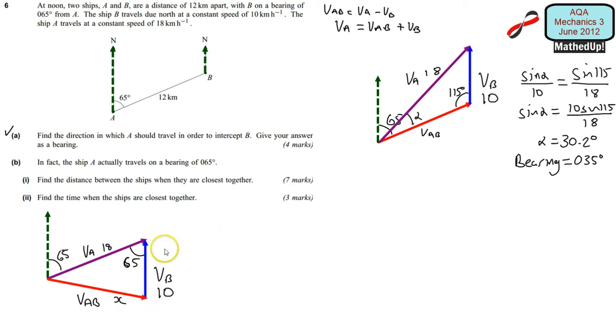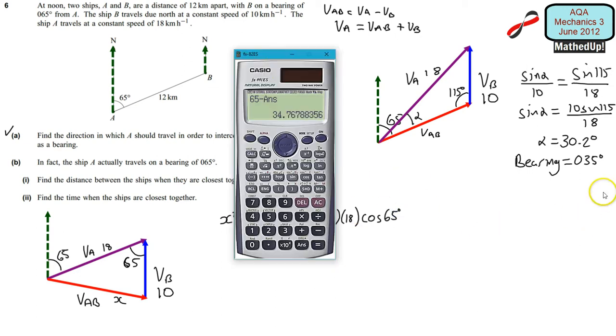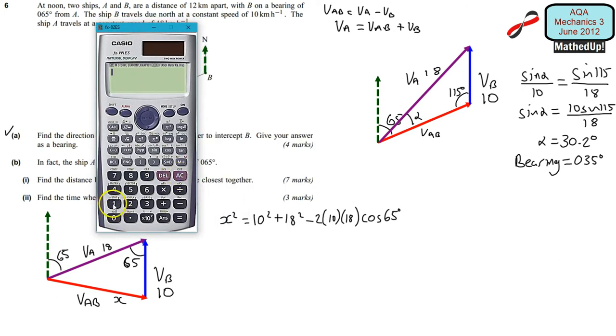Using the cosine rule, a squared is equal to b squared plus c squared, take away 2bc cos A. So in this case x squared is equal to 10 squared plus 18 squared, take away 2 times 10 times 18 times the cosine of the angle in between, which is 65 degrees.